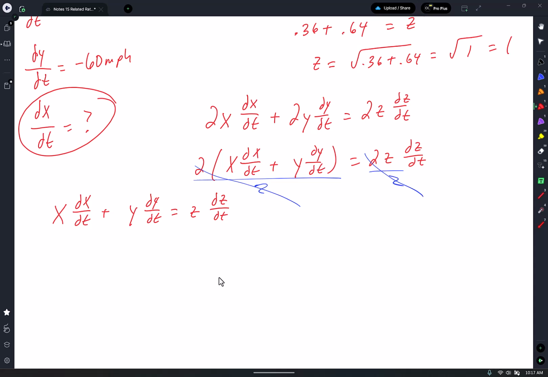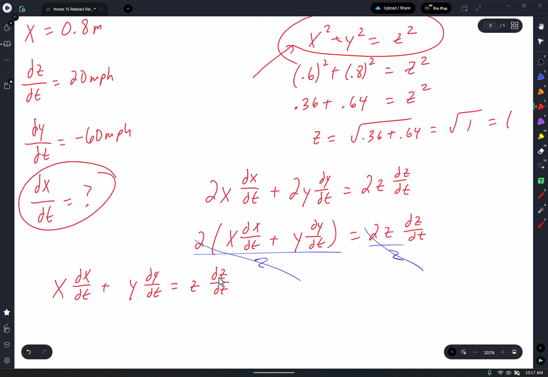In physics, they isolate the dx dt. You can do that. Sometimes I do it, sometimes I don't. I think when I have an expression like this, it's just easier to plug in numbers. If you want to isolate the dx dt and then plug in, that's fine. I like to plug in right here, everything. So what was my x?